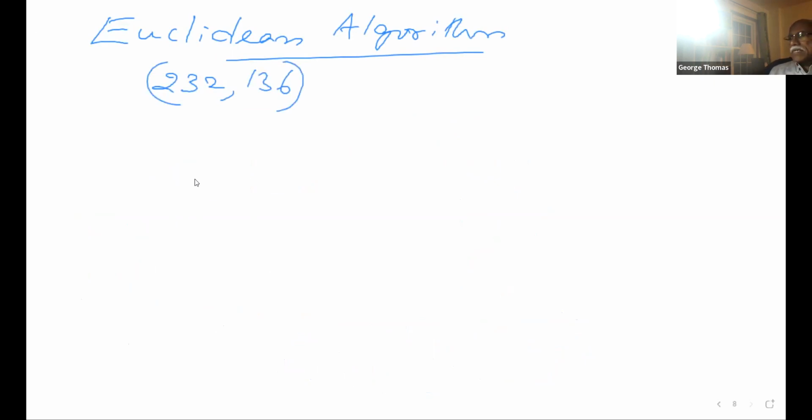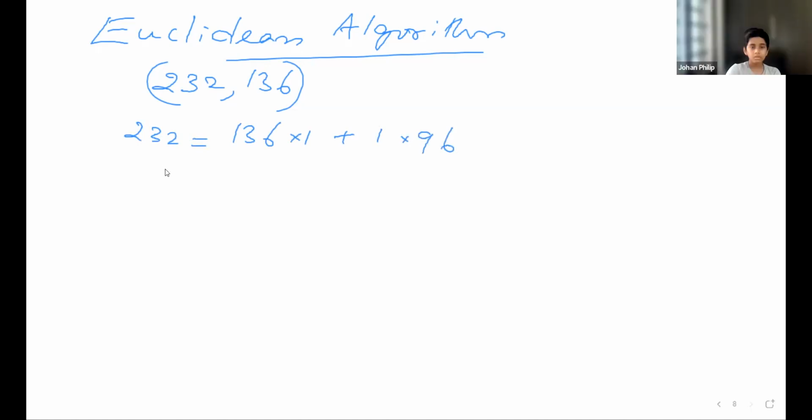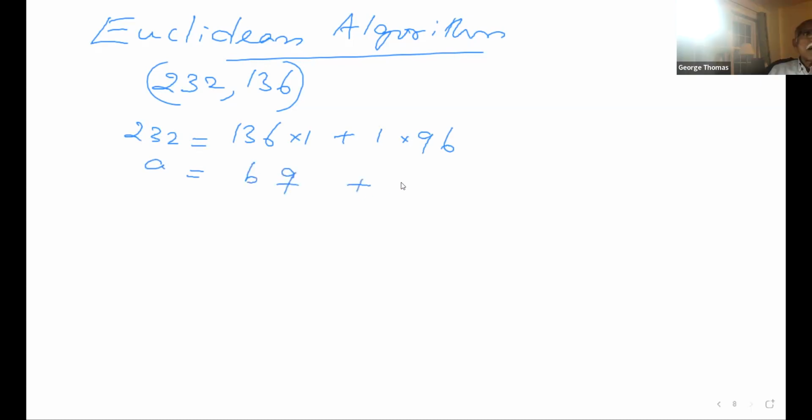Then we know that we can do this: 232 is 136 times 1 plus 96. Is that correct? Yes, sir. A equals BQ plus R. But we just proved that gcd(A, B) is gcd(B, R).